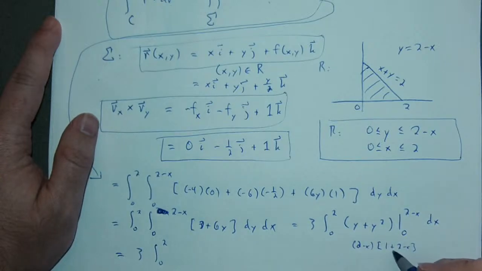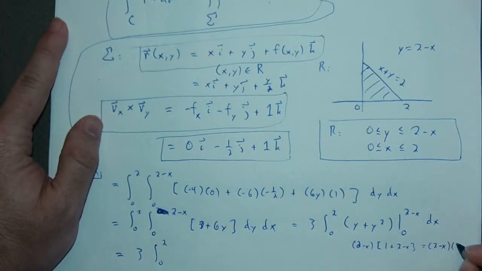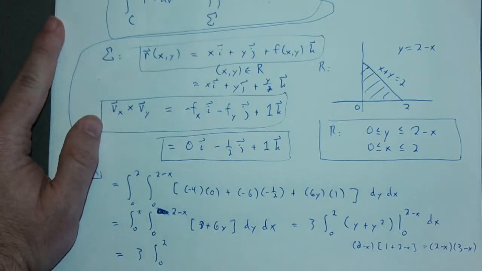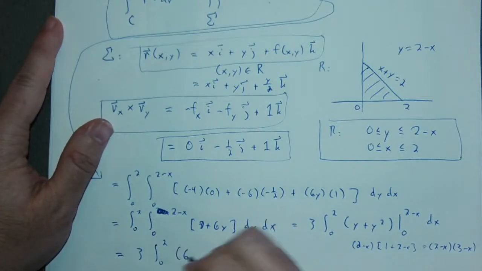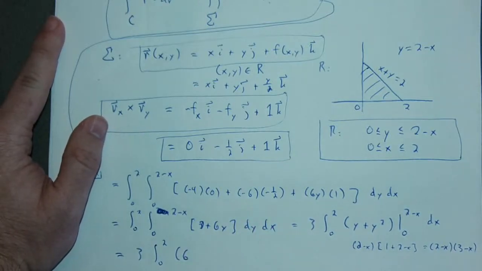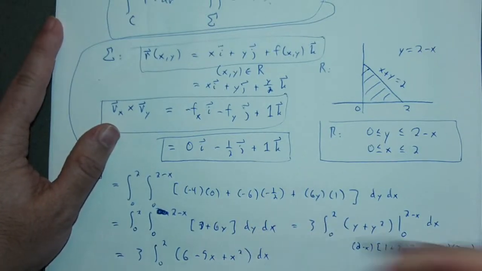Right, so it would be 3 minus x here. And so we really just need to expand this thing. Okay, so expanding this thing, I would have 6 minus 5x plus x squared dx.